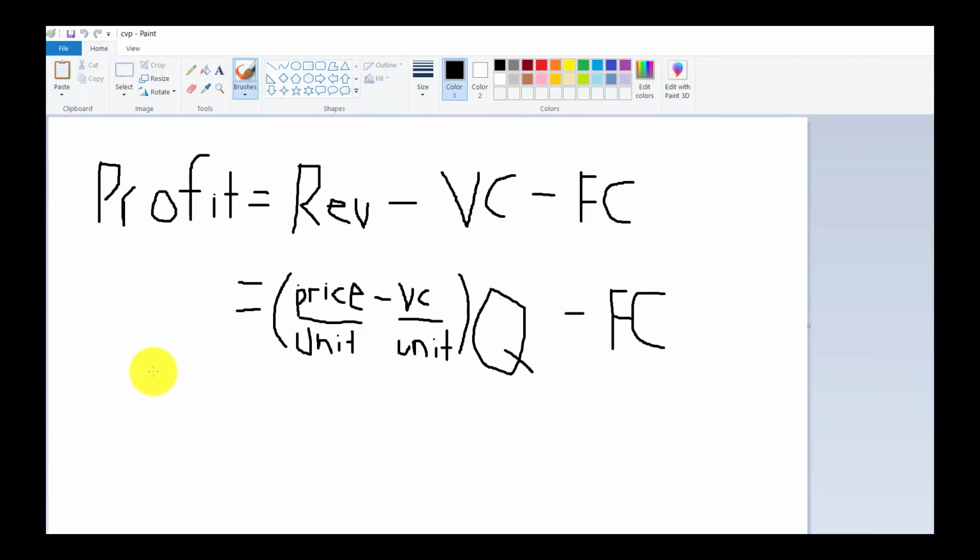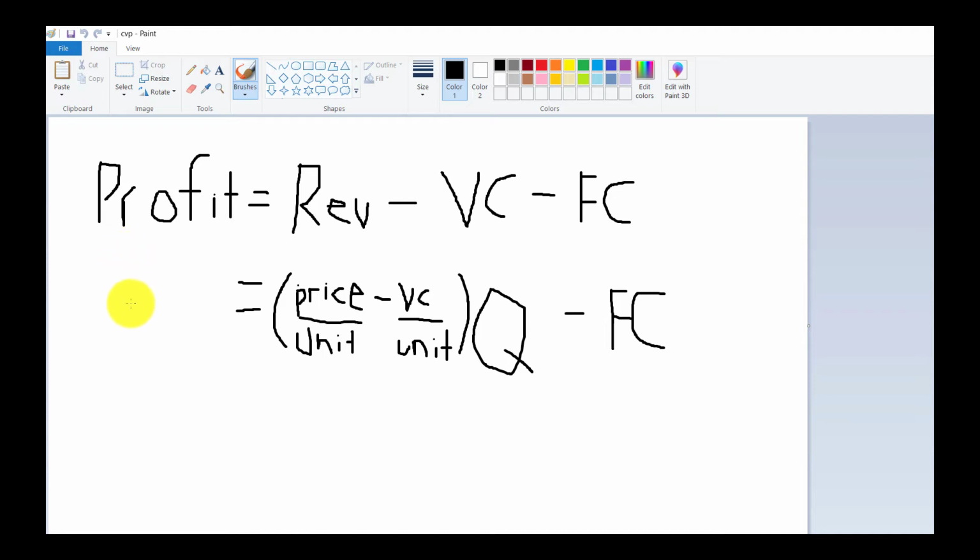Alright guys, so very often you want to modify this formula. So at the top here, I have profit or operating income. What I'm doing here is just taking that formula I wrote vertically and just writing it horizontally. It's the same thing, I promise you.